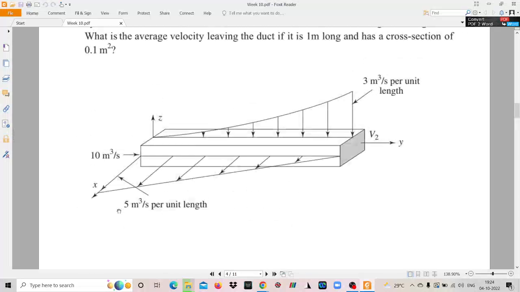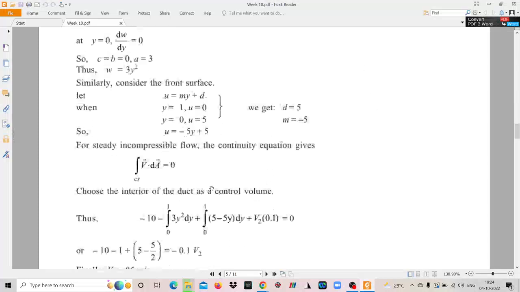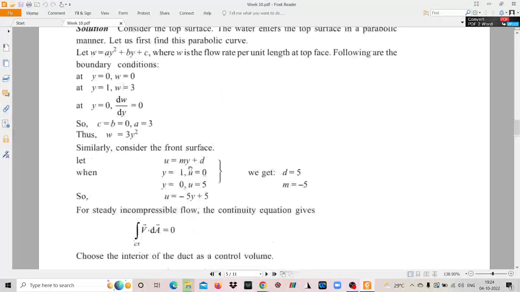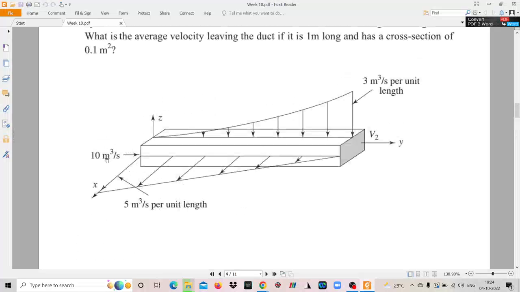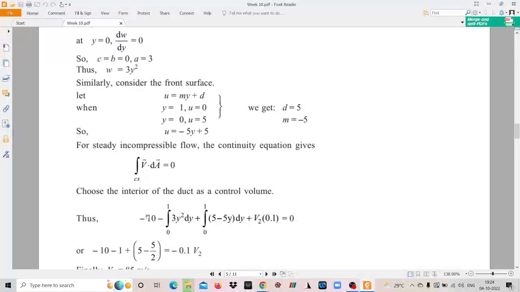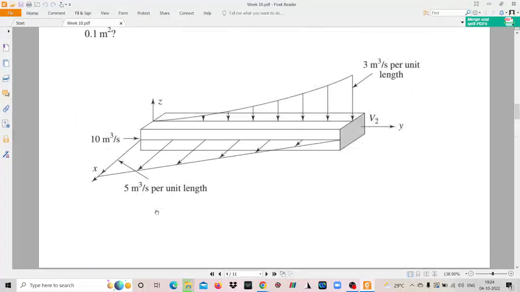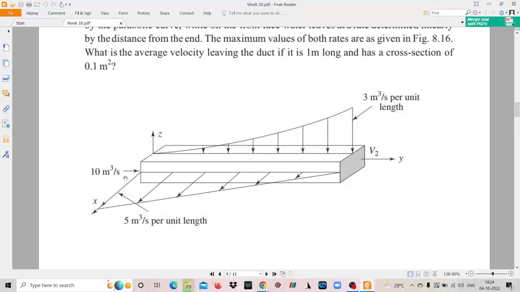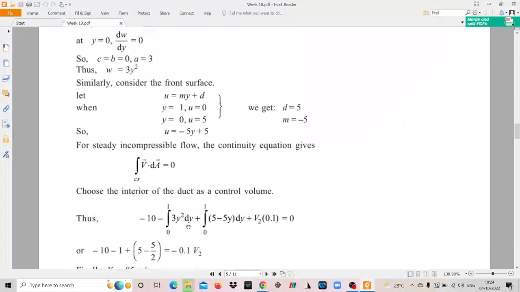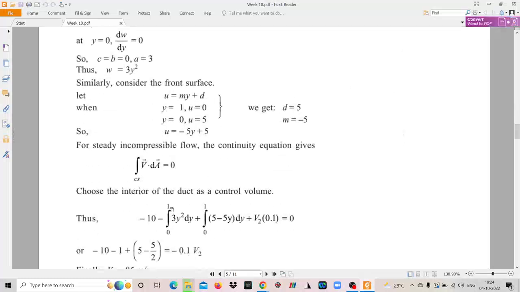Now if we choose the interior of this duct, of length 10 meter, as the control volume, then how can you use this equation? V dot dA is nothing but the discharge. Those entering we denote by negative, so minus 10 times the integral of 3y square dy, for a length of 1 meter, integrating from 0 to 1.